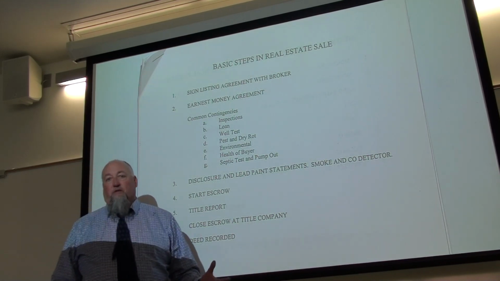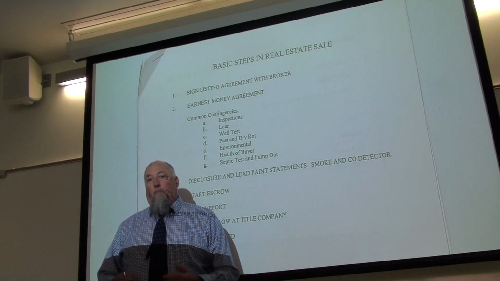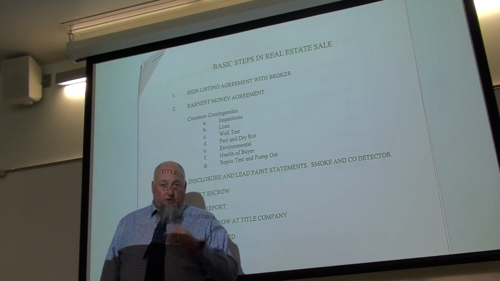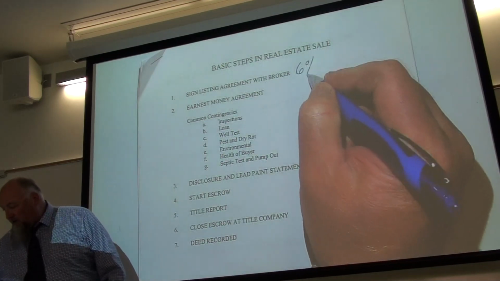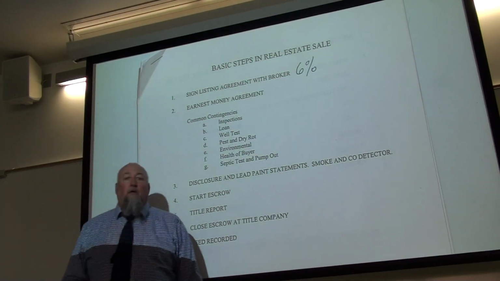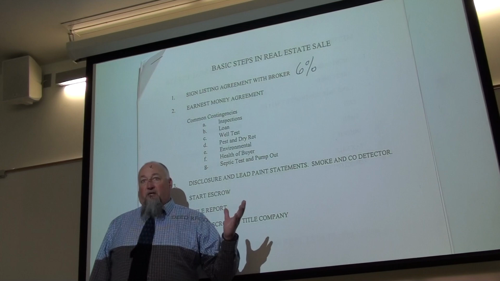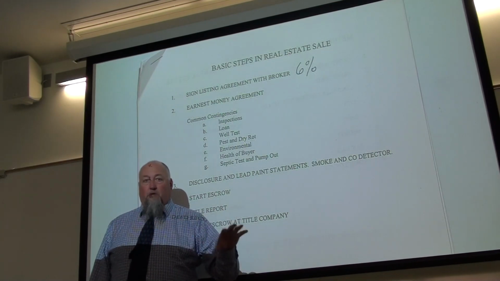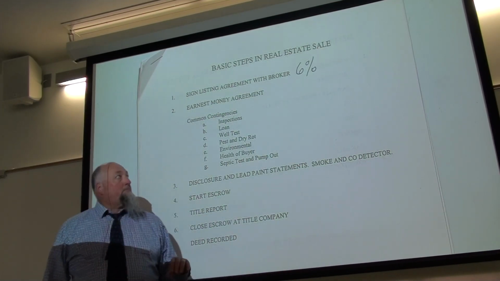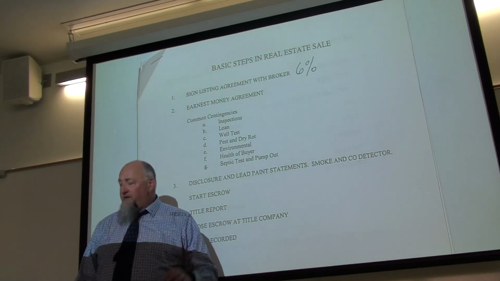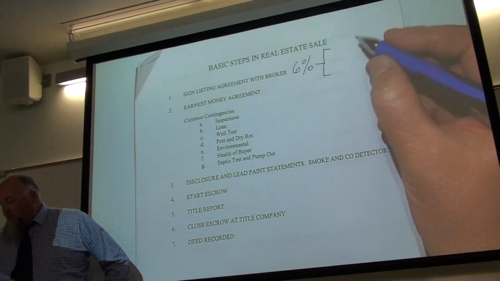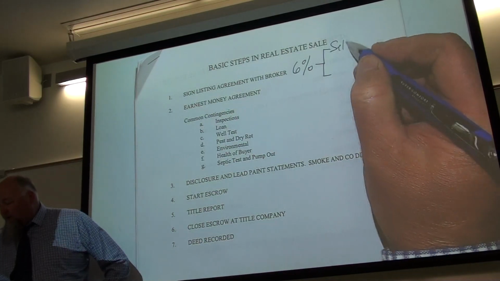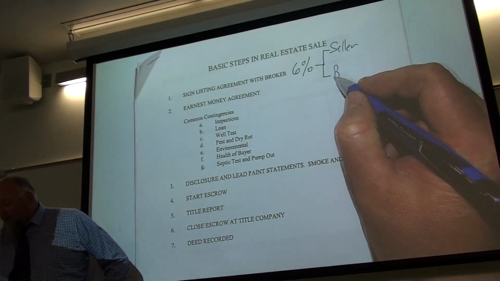Most of the time when it comes to residential property, most real estate agents will charge, and this is sort of a standard in the industry, a 6% commission of the total gross sales price. And usually that commission is split between the seller's agent and the buyer's agent.